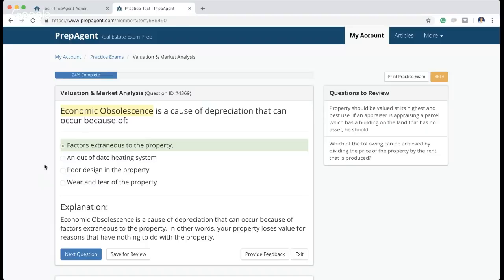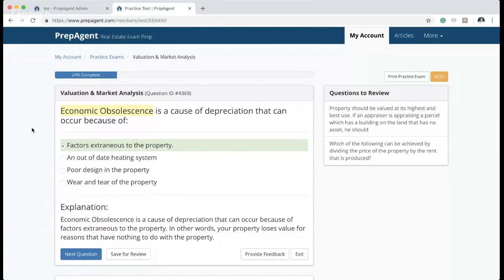There are three forms of depreciation. What are they? What do you guys think they are? Okay, I see physical, economic, and functional.